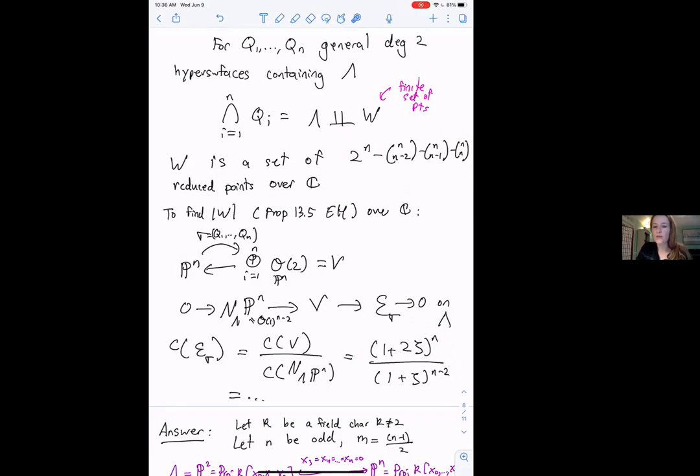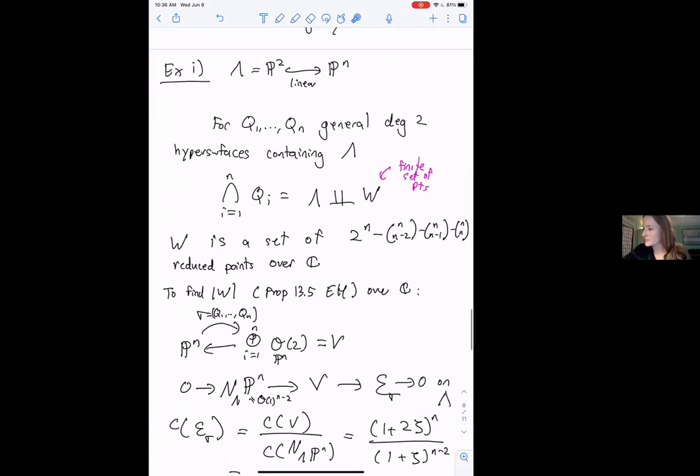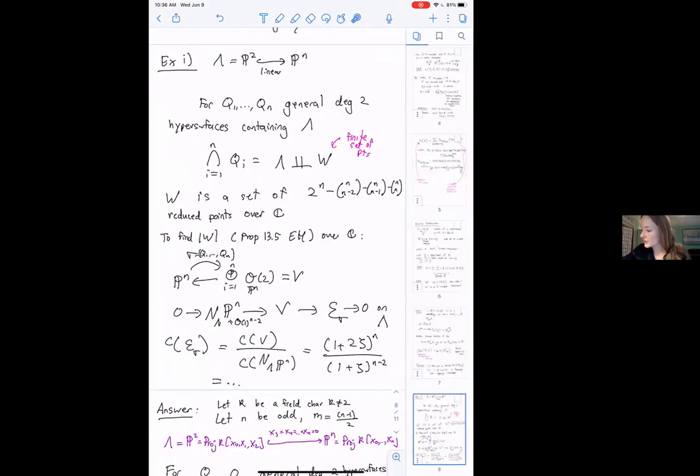Now, what about trying to record the fields of definition of these solutions, the points in this quadric, in all these quadrics?